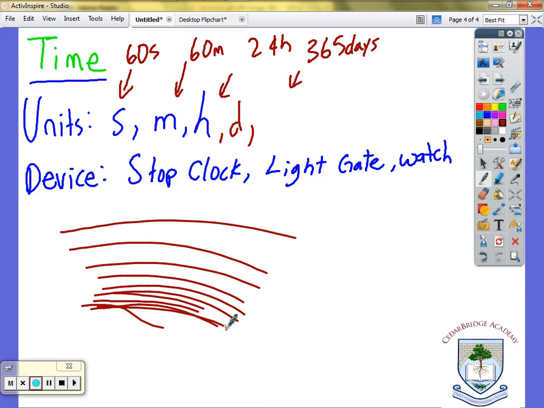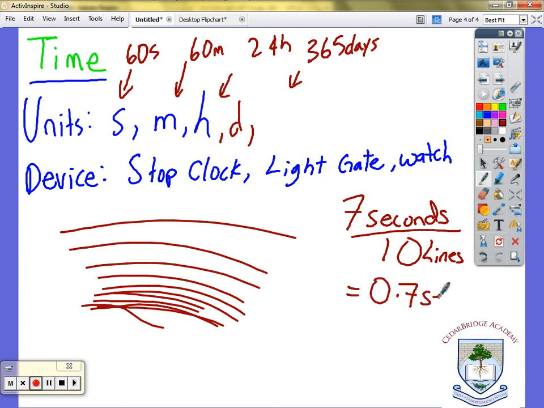And if you were to time that and it took 7 seconds, all you do is take that 7 seconds and divide it by 10 lines, and you know how long it took me. Each line takes 0.7 seconds. You wouldn't be able to do the stopwatch fast enough to do it the other way, so you do it multiple times.